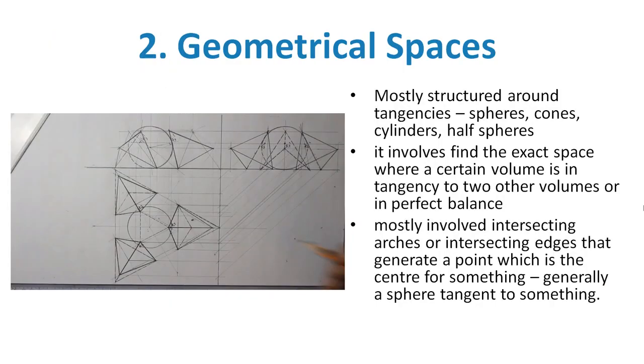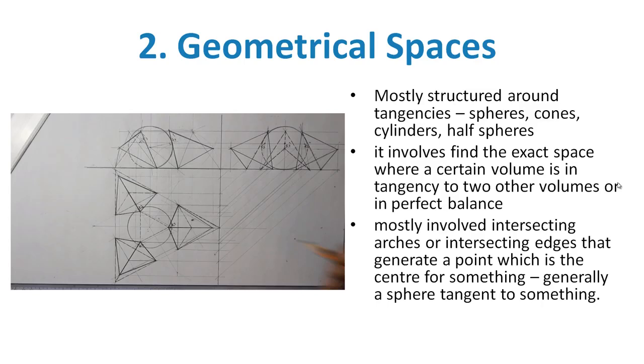Number 2, geometrical spaces. This is mostly structured around assignments that talk about spheres. How do you sort out tangencies? What is the exact position that you put an object in technical drawing where it 100% correctly matches a condition of tangency? Tangency is just a fancy way of saying that the volumes touch in a specific point, right?